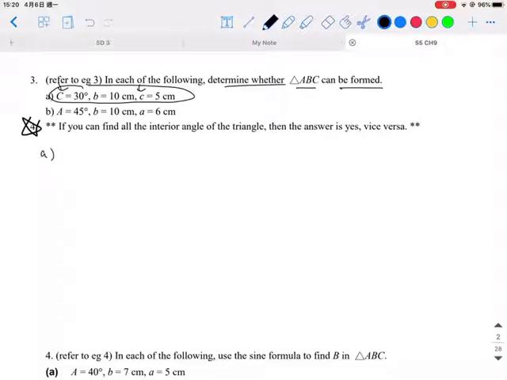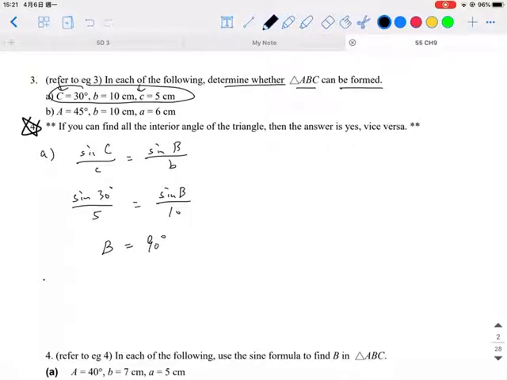So for part a, sine C over c is equal to sine B over b. We find the angle first, so substitute it. It's 30 degrees, and c is equal to 5, and therefore sine B over the small letter b is 10. To solve it, B is equal to 90 degrees, and then A is equal to 180 degrees minus 90 and then minus 30 degrees, which is equal to 60 degrees.